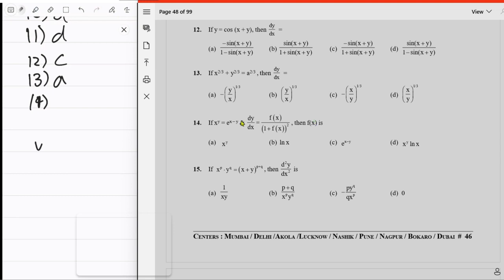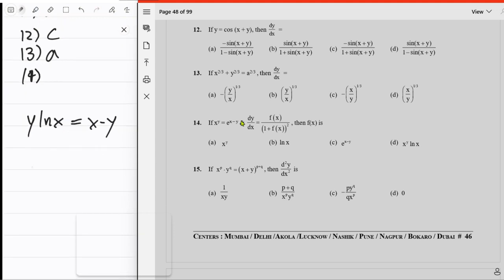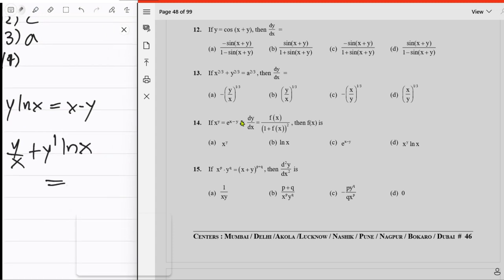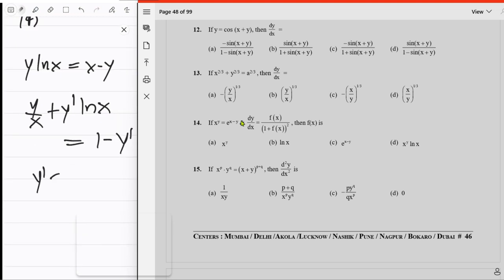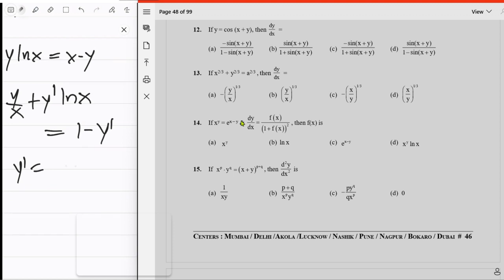You will just get y natural log of x is equal to x minus y. And now differentiate. So y upon x plus y dash natural log of x is equal to 1 minus y dash. So y dash, that's what you want to find, right? Yes, so it's just 1 minus y upon x upon 1 plus natural log of x.